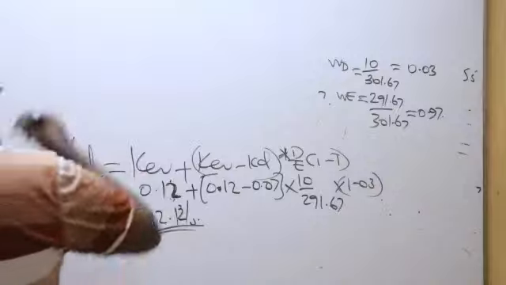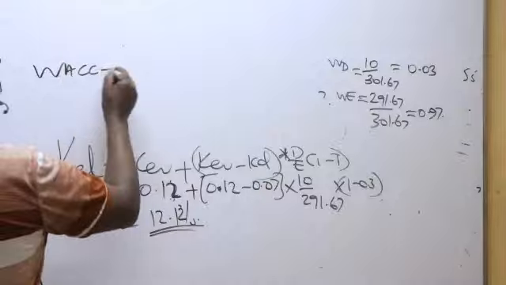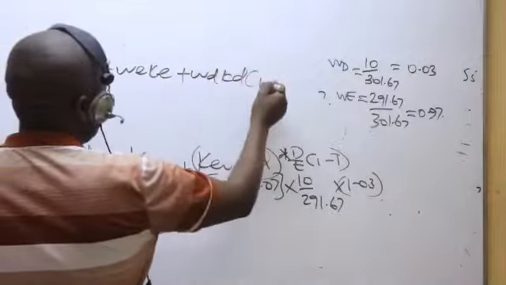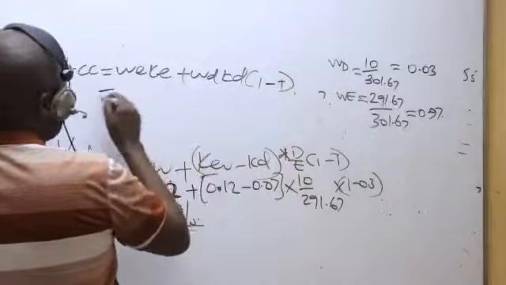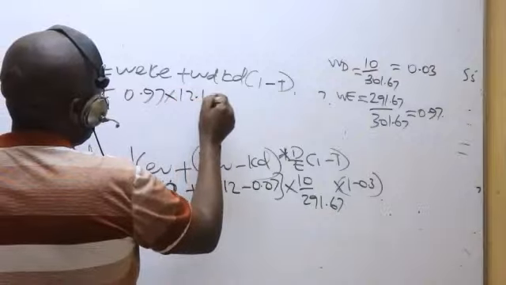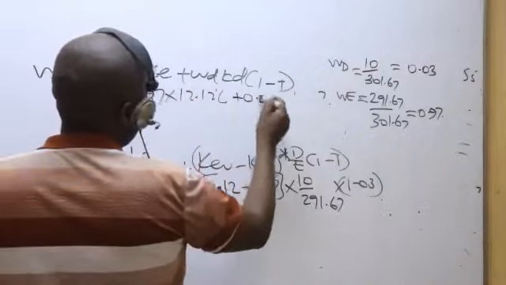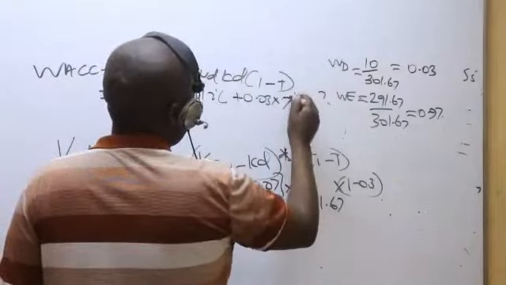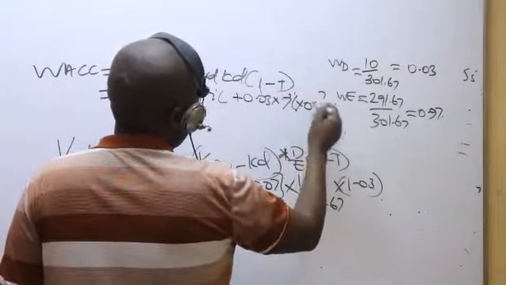So WACC will be weight of equity times cost of equity plus weight of debt times cost of debt times (1 minus tax). The weight of equity you have given me is 0.97. The KEL is 12.12%, plus 0.03 times KD of 0.07, which is the same as 7%, times 0.7.